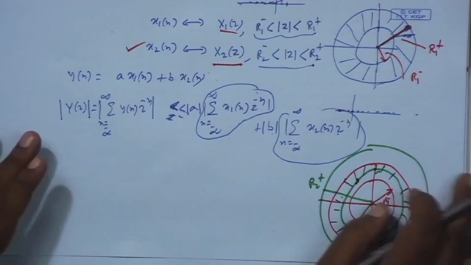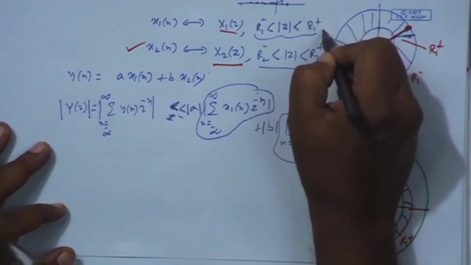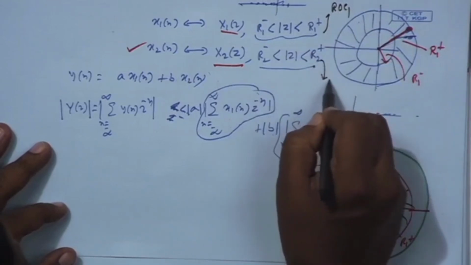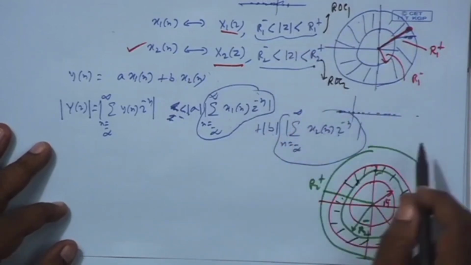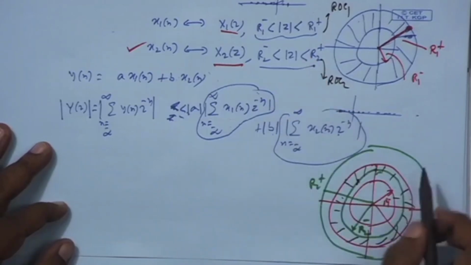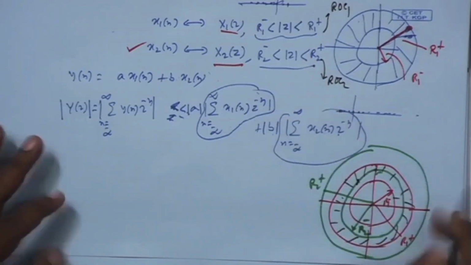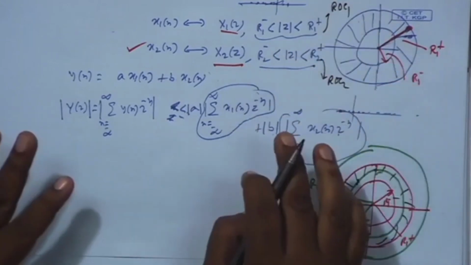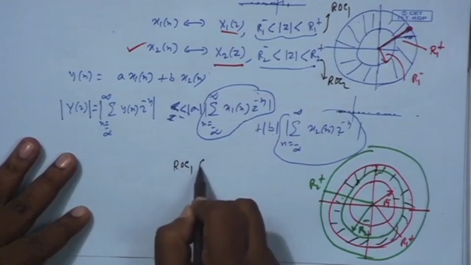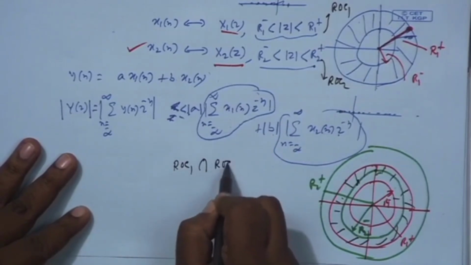Okay. So, if I call this as ROC1, if I call this as ROC2, ROC1 is the area between the two red circles, ROC2 is the area between the two green circles. Now, if they have some intersection, they overlap, that intersection in set theoretic notation we denote as ROC1 intersection ROC2.